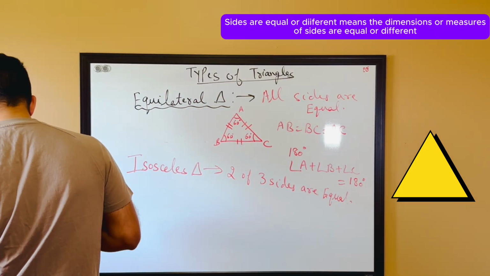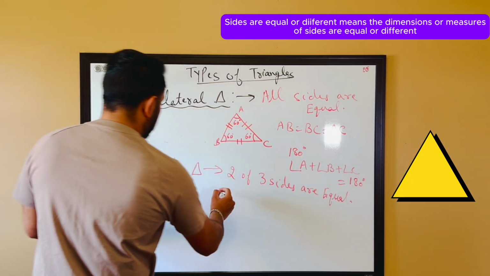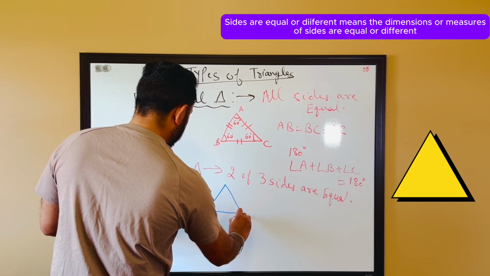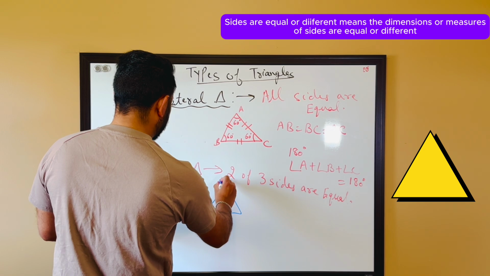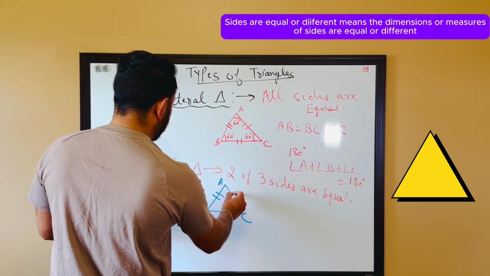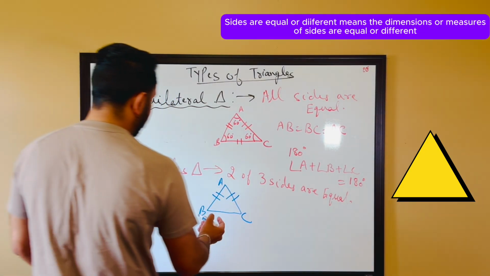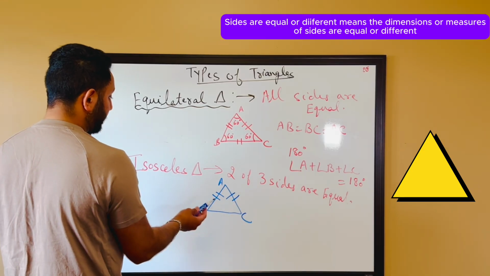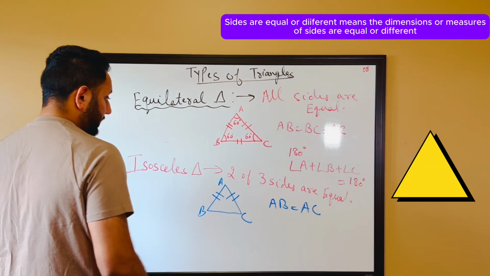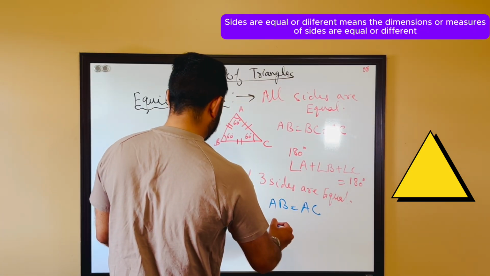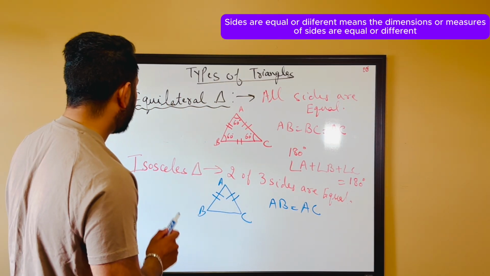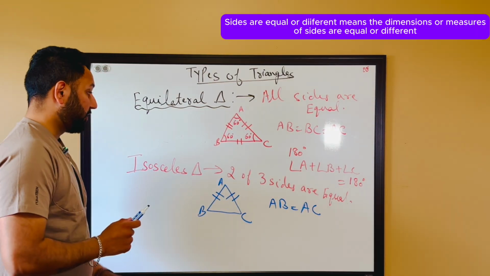That means, let's suppose this is an isosceles triangle where AB and AC are equal and the side BC is not equal. So AB and AC are equal and the side BC is not equal to AB and AC. So in short, in an isosceles triangle, two sides are equal.